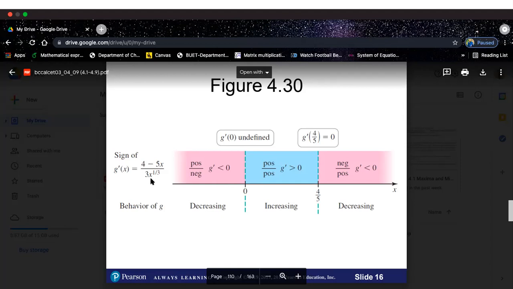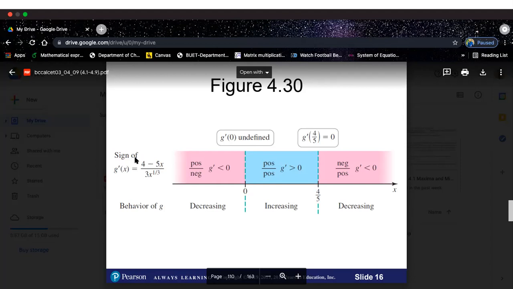If you take any value less than 0, for this odd exponent your denominator will always be negative. Do you agree? And the numerator will be positive, because this negative along with the negative value of x will make the entire value positive.